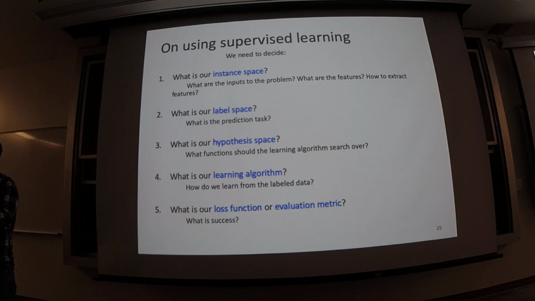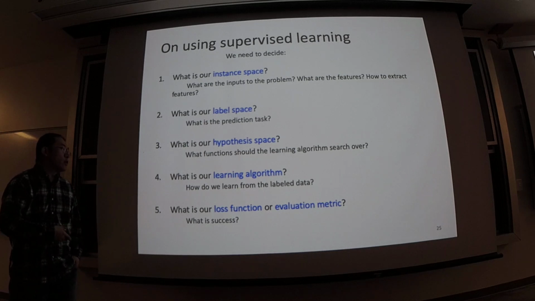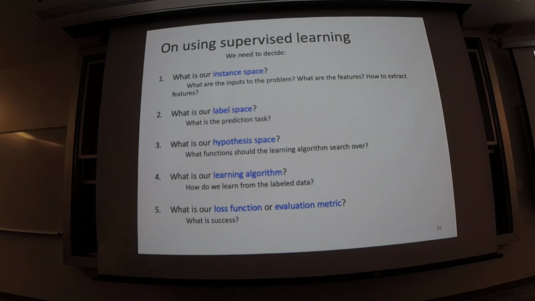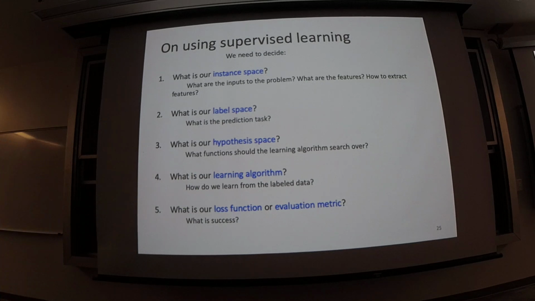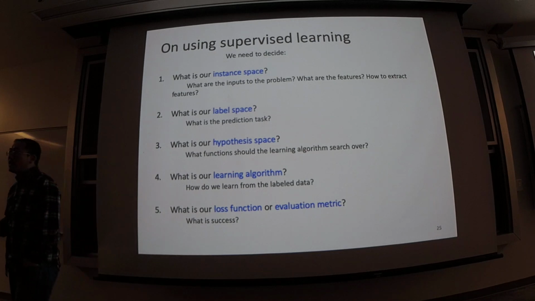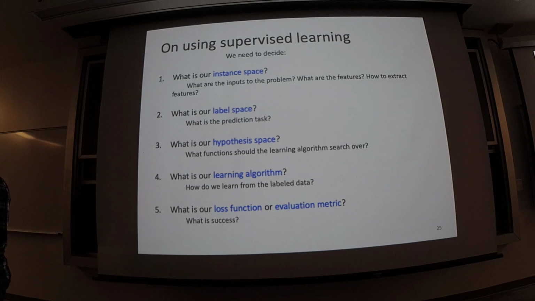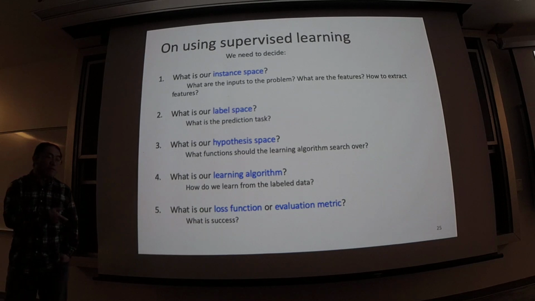to select hypothesis space. And then, given the hypothesis space, you need to choose a particular learning algorithm, right? Do you want to do just the combinatorial search or the gradient-based search? Which one is better? It depends on the application, right? And finally, after you have developed an algorithm, run it, and gotten some classifier, you want to evaluate whether the classifier is good or not, right? Then we need to come up with the evaluation metric, right?